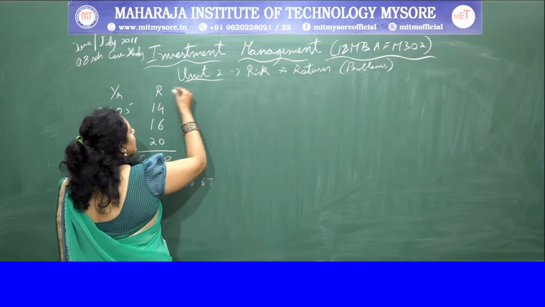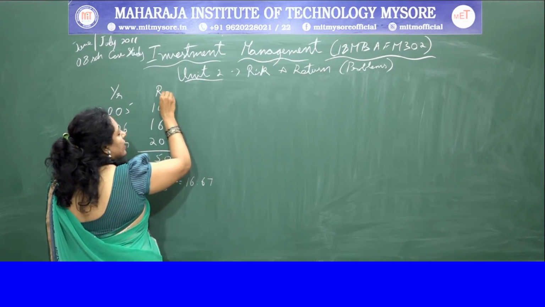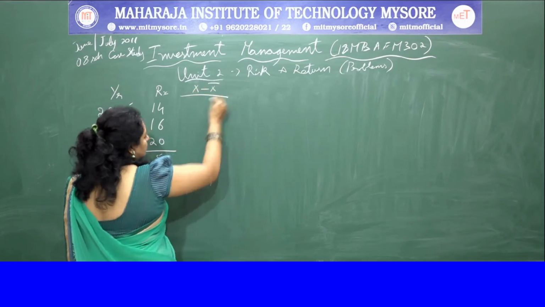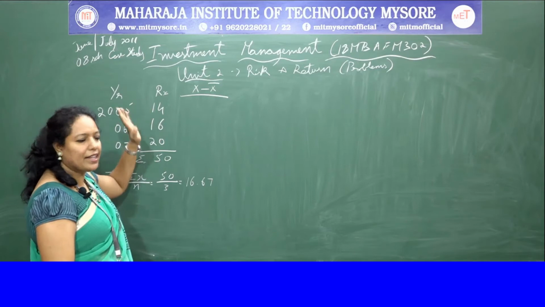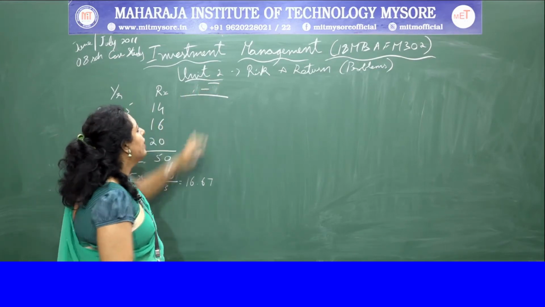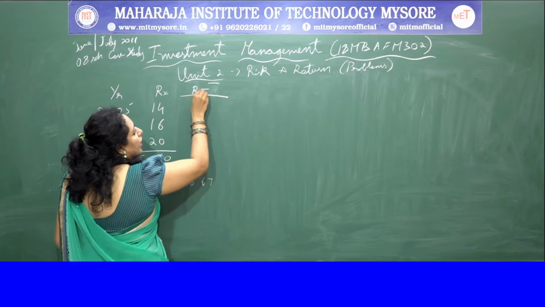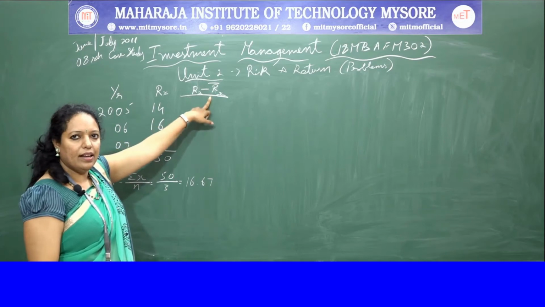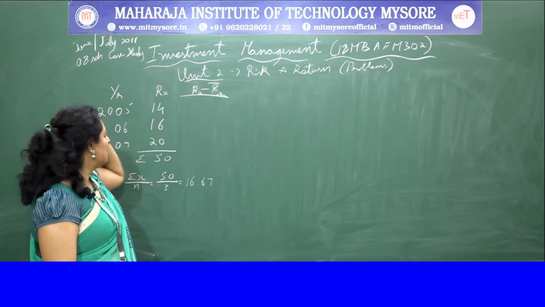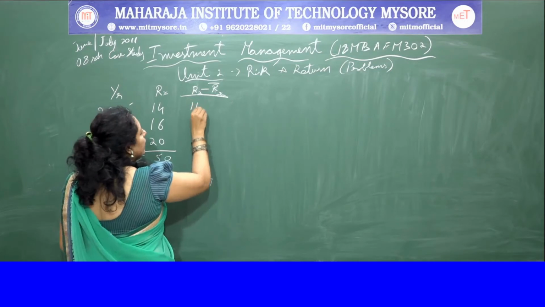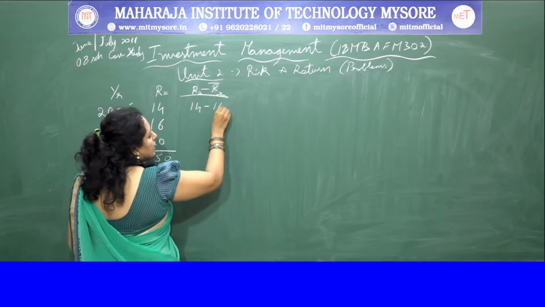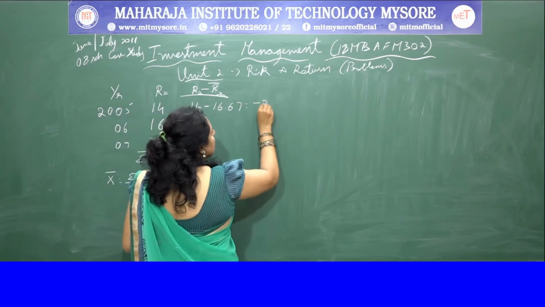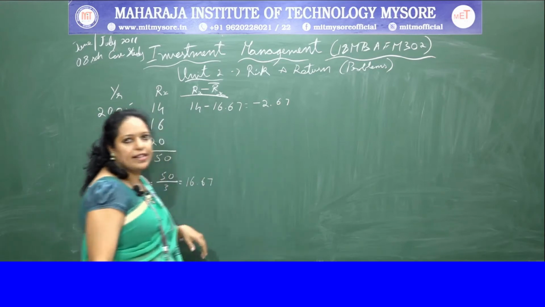Next, we take the return as X, and write X minus X bar. You can take it as security X, or else write Rx and Ry. So Rx minus Rx bar. Here 14 minus 16.67 gives minus 2.67.